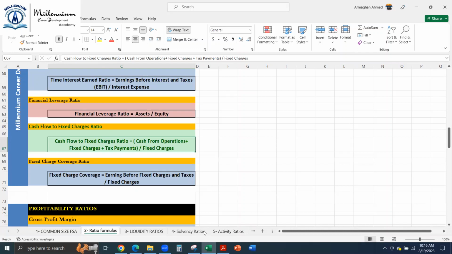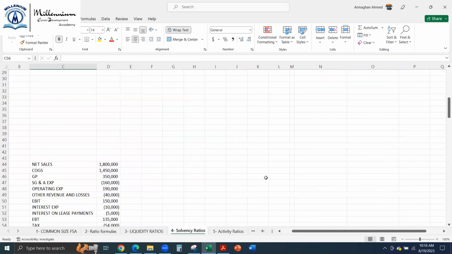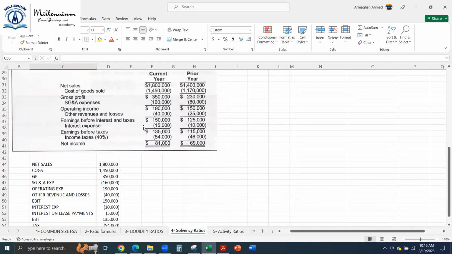Because the interest cover ratio we calculated with 15,000 was the interest only, but now I'm keeping the 10,000. So this is only for the fixed charge ratio I have created, so there will be a difference, right?